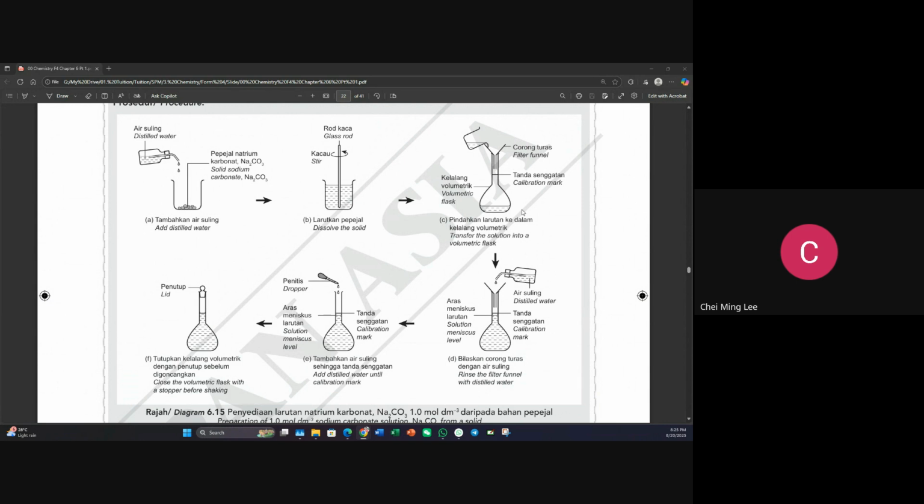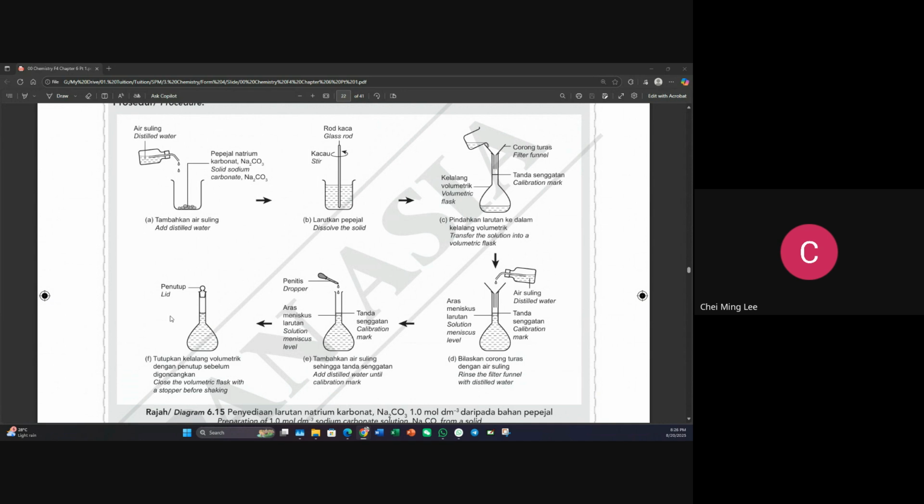The line is there, so if your solution reaches 100, it means 100 cm³. We refill the water until the meniscus level reaches the calibration mark. If it is a little bit less, we add it drop by drop. Then we close it. This is how they make the standard solution.